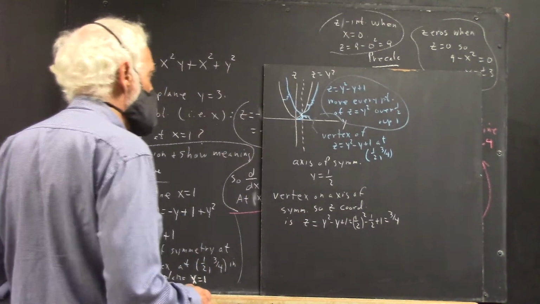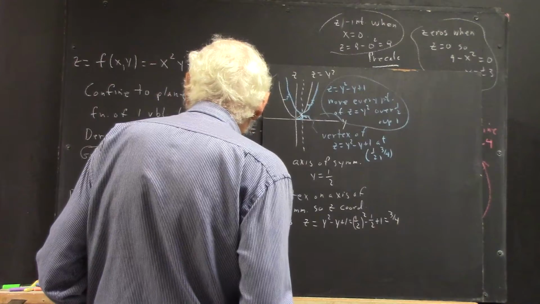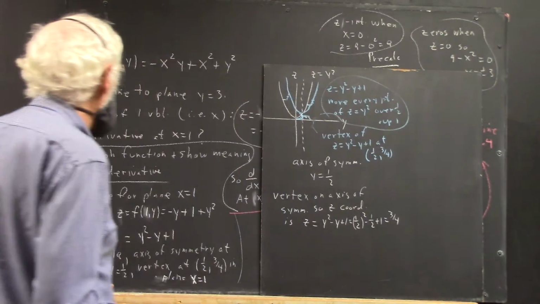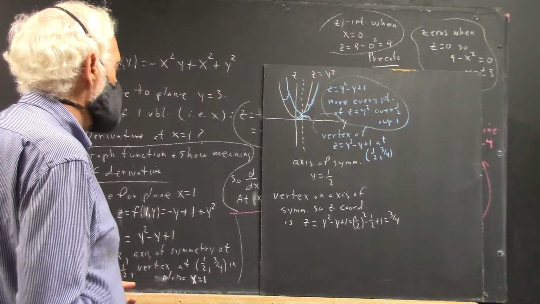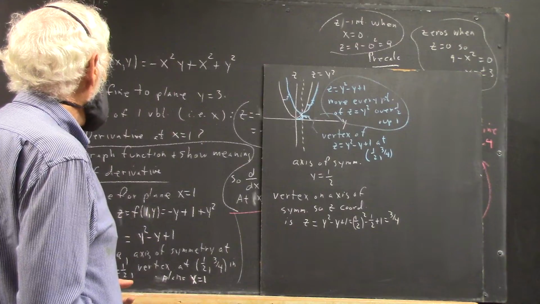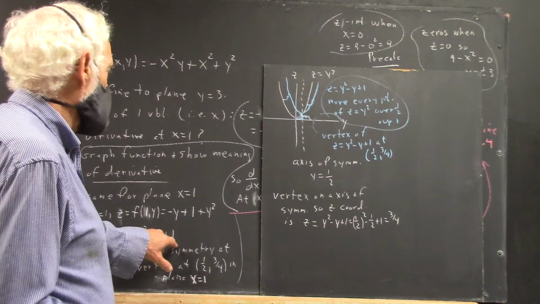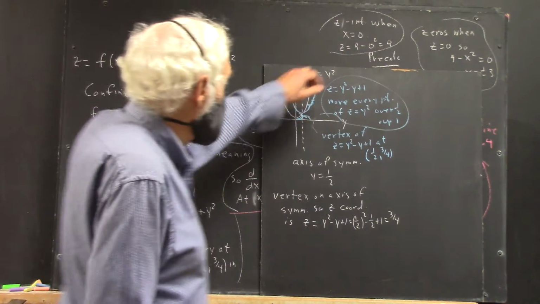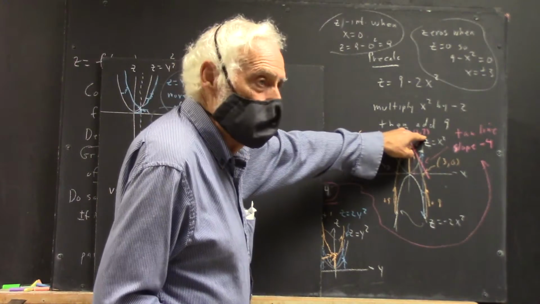Now, when y equals 3, you get z equals 9 minus 3 plus 1, which is 7, right? Which, coincidentally, is the z coordinate you get here.